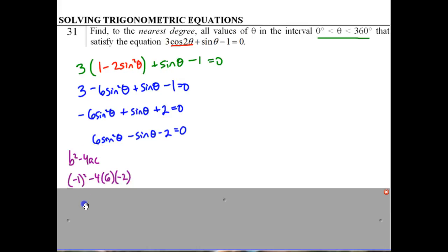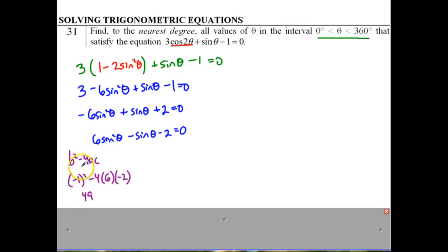I recommend when you're doing the quadratic formula to first work out the discriminant, the b squared minus 4ac. So when we do that, -1 squared minus 4 times 6 times -2, we get 49. That's good news. It's nice when the discriminant is a perfect square. That means we're going to have rational solutions to the quadratic.